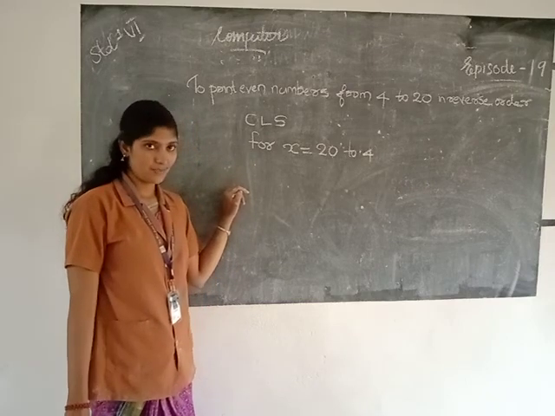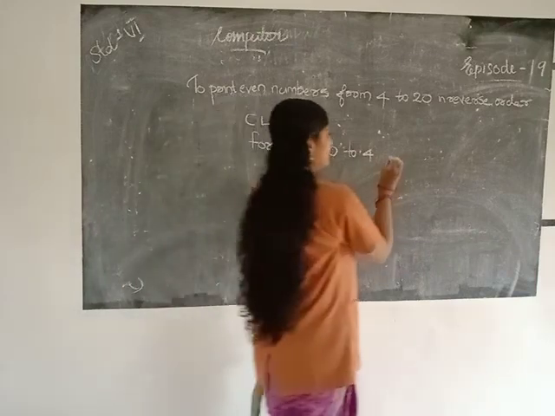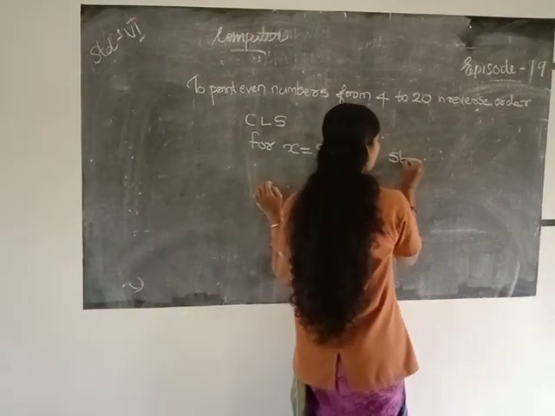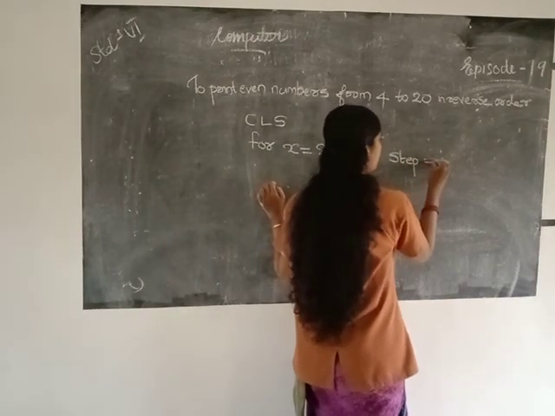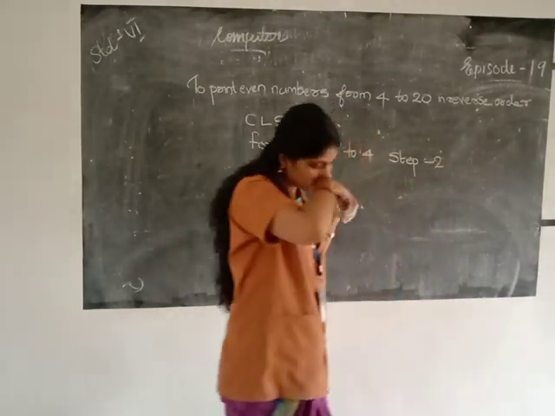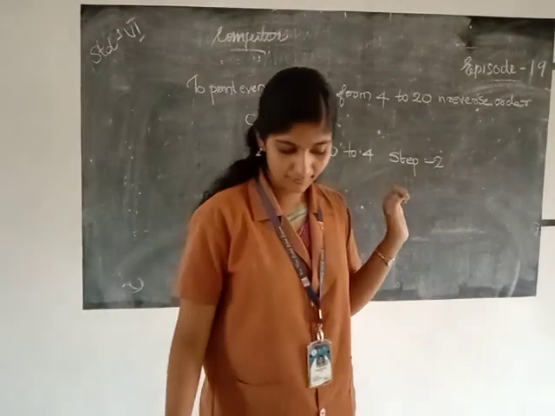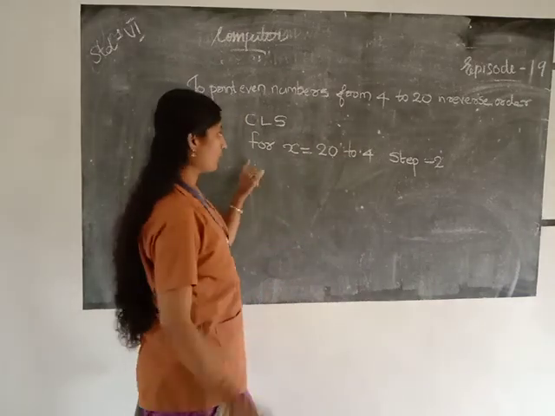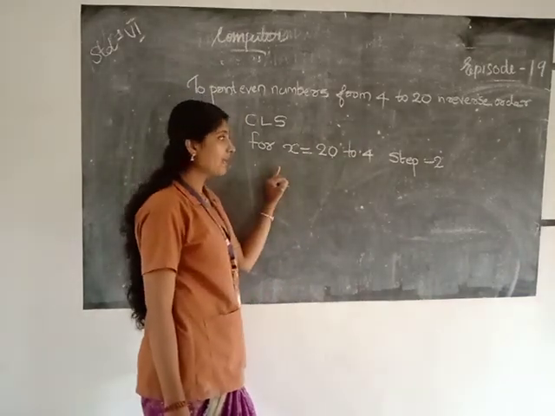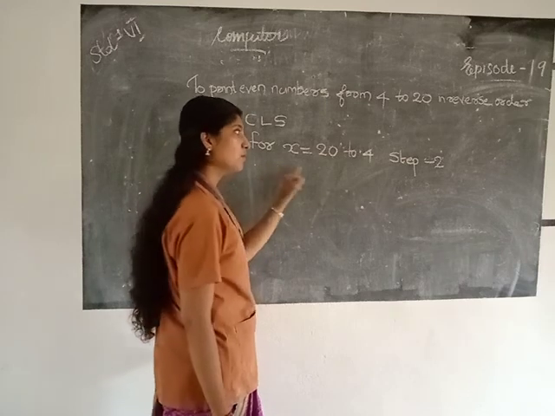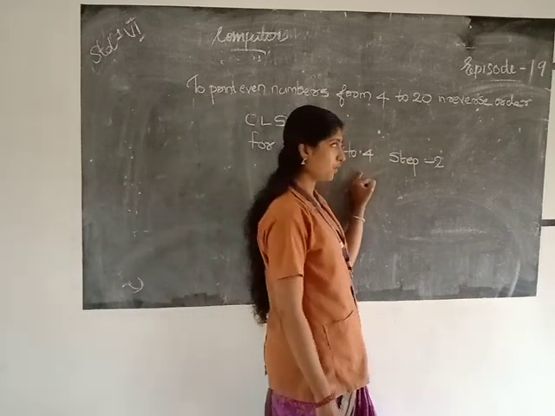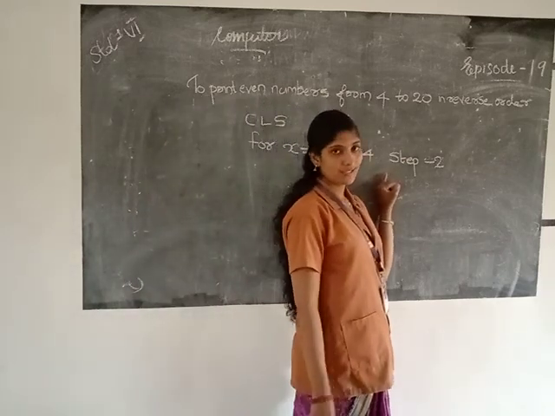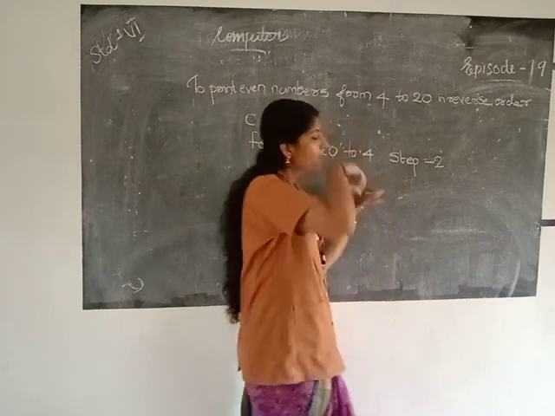So instead of step 2, we can write here step minus 2. Yes, step minus 2. So for x equal to 20, that is the initial value, to the end value 4, and the interval between them is minus 2.